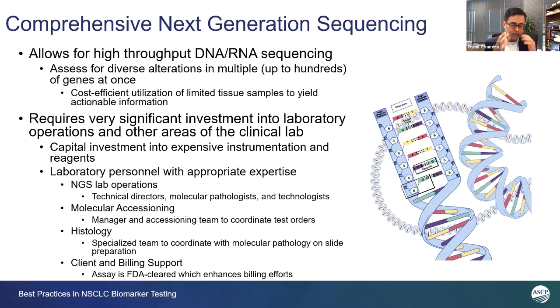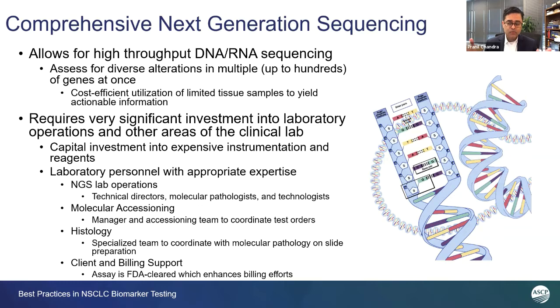And as Dr. Vanderlyn mentioned, there are a number of targets. And so to be able to most cost effectively capture those alterations in those different targets, you have to start thinking about high throughput DNA, RNA sequencing and a panel that assesses for the diverse alterations in multiple, sometimes up to 100 genes at once.